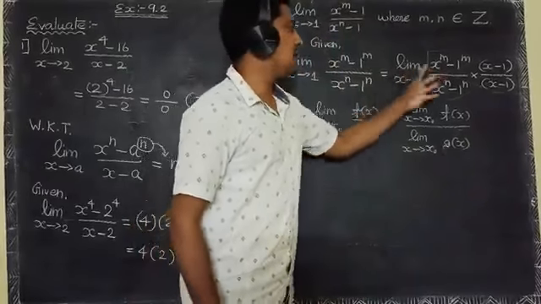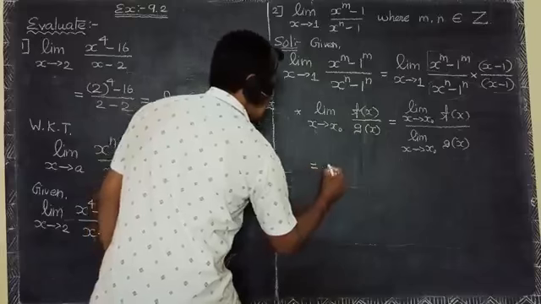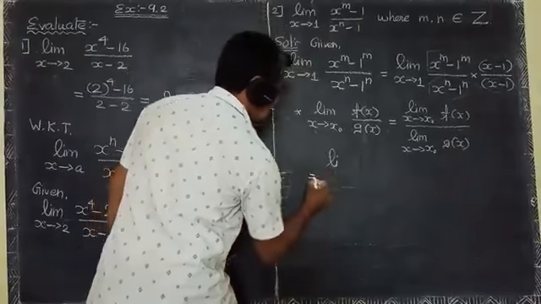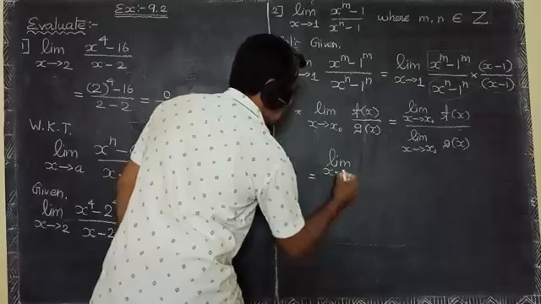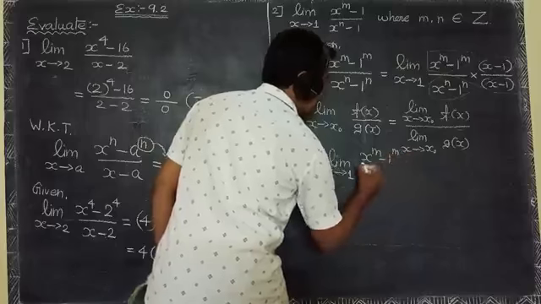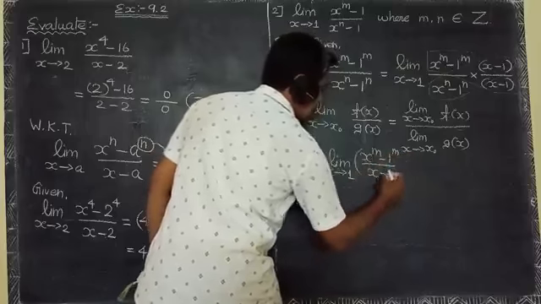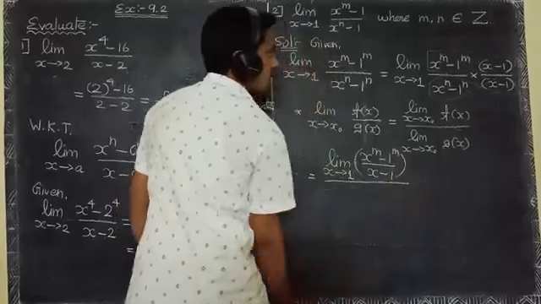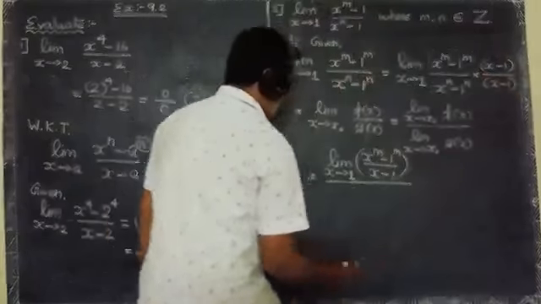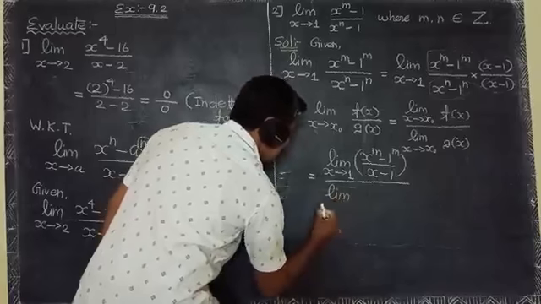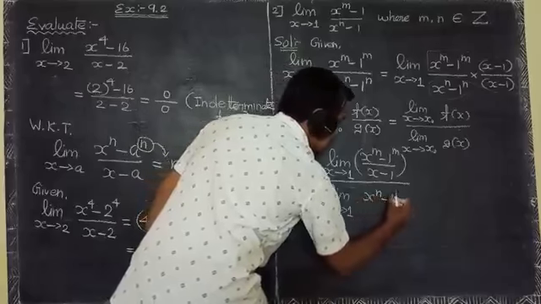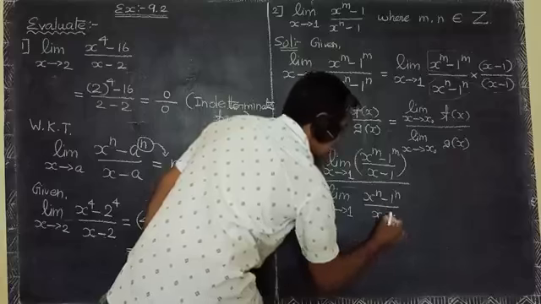Using this property, the numerator can be written as limit x approaches 1 of (x power m minus 1 power m) divided by x minus 1, divided by limit x approaches 1 of (x power n minus 1 power n) divided by x minus 1.